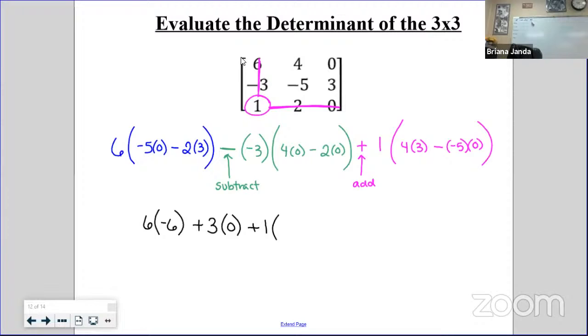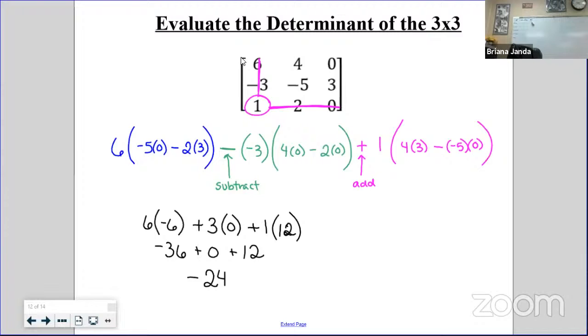Plus 1 times, and let's see, this would be 12 plus 0 is 12. Which ultimately gives me -24.